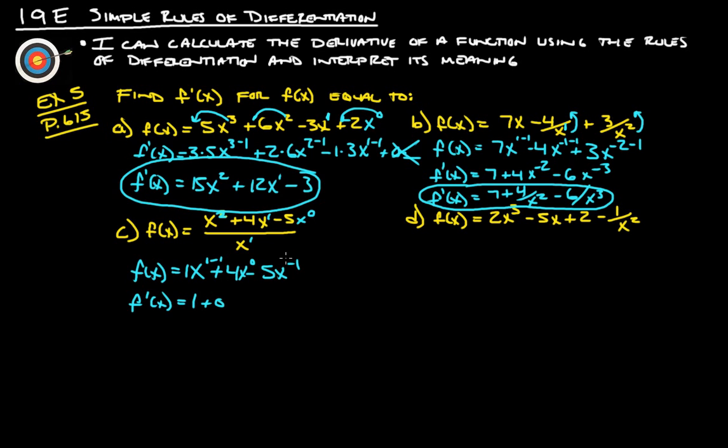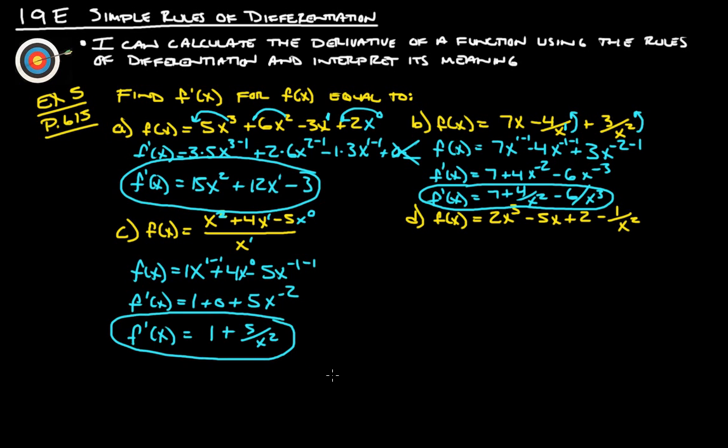And then we take negative 1 times negative 5, which gives us positive 5, and then negative 1 minus 1, so that's x to the negative second. So if we rewrite this whole thing, f prime of x is 1 plus 5 over x squared. That is our derivative.